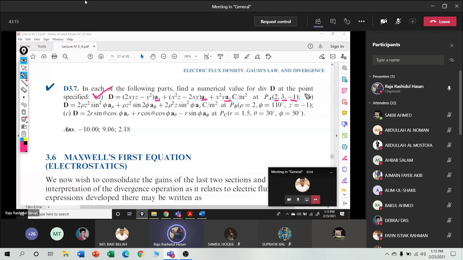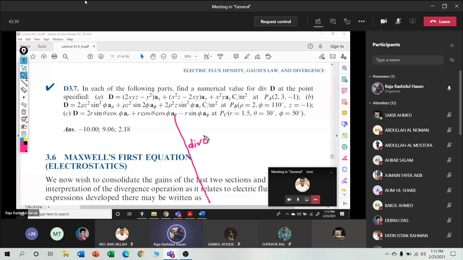So 2 3 minus 1 পয়েন্টের জন্য you have to calculate the divergence of D. তাহলে this 2 3 minus 1 ultimately value of x, y and z. Okay? So how can we solve this problem? তাহলে আমাকে আগে ডাইভারজেন্সের ইকুয়েশনটা লিখতে হবে। তো সবাই সলভ করো প্রবলেমটা, this is very important.